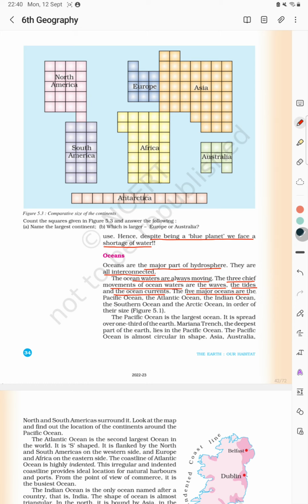The five major oceans, in order of their size, are the Pacific Ocean, Atlantic Ocean, Indian Ocean, Southern Ocean, and the Arctic Ocean. So the biggest ocean is the Pacific, then Atlantic, then Indian Ocean, then Southern, and then Arctic.